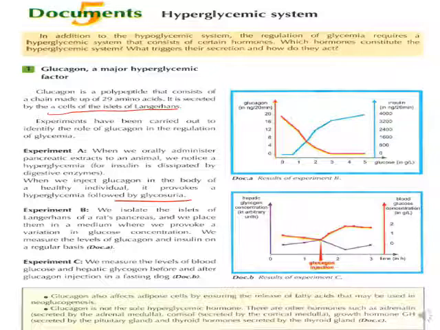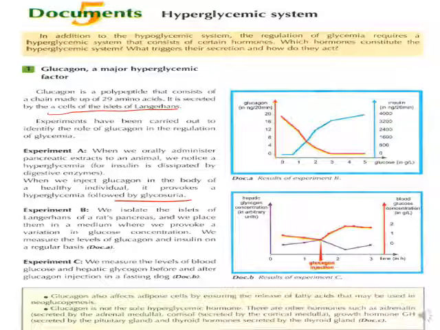In experiment B, we isolate the islets of Langerhans of a rat's pancreas and place them in a medium where we provoke a variation in glucose concentration. We measure the levels of glucagon and insulin on a regular basis.